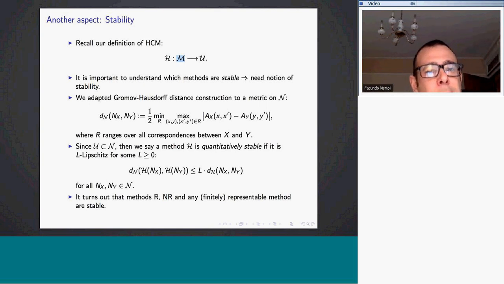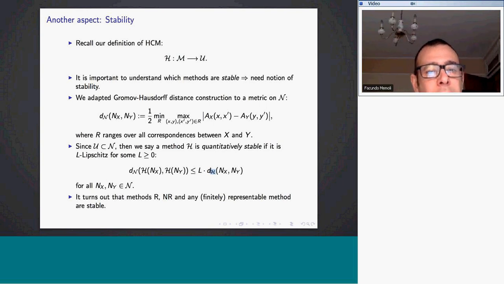So, say H is stable, there is L for which this holds for pairs of networks X and Y. So there should be also a metric dn.